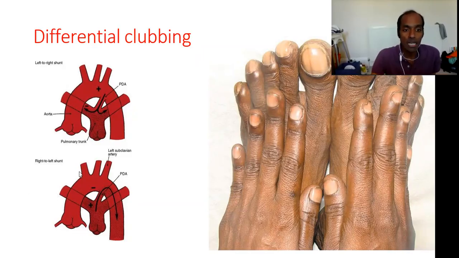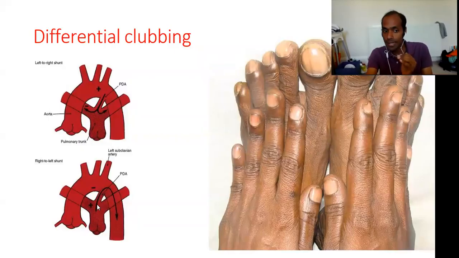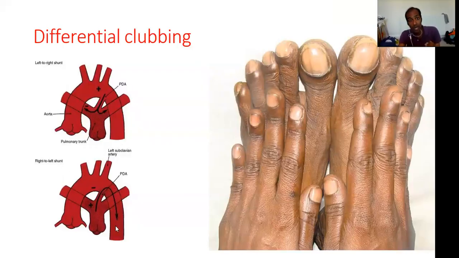Look at the picture on the bottom. In reversed PDA, there is a right to left shunt. If you follow the arrow here, you will see that good, oxygenated blood is going to the hands through the subclavian artery. But deoxygenated blood is going now to the lower limbs.